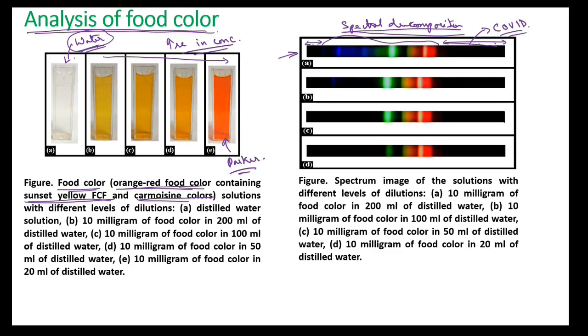Now, if you see, we have used this orange red color, at the low concentrations, we are getting some blue components, right? Over here, we are getting the blue components which are passing. When we again increase the concentration in C, see the blue component has significantly reduced.